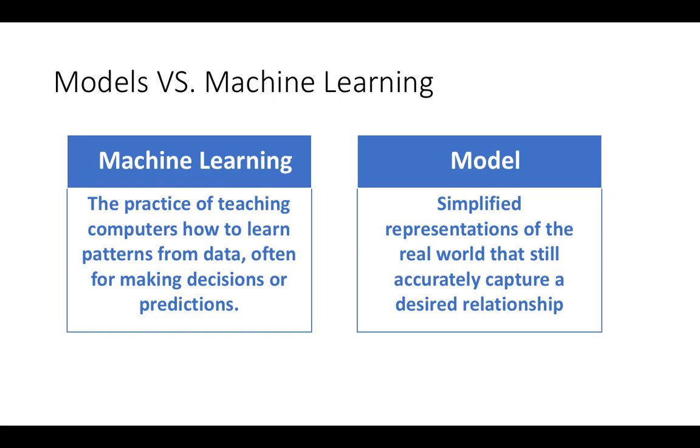Before we again talk about model complexity, we have been talking about machine learning models and defined machine learning earlier in our videos. So let us recap the definition of machine learning. That is the practice of teaching computers how to learn patterns from data, often for making decisions or predictions.